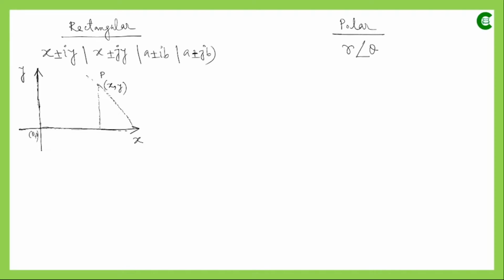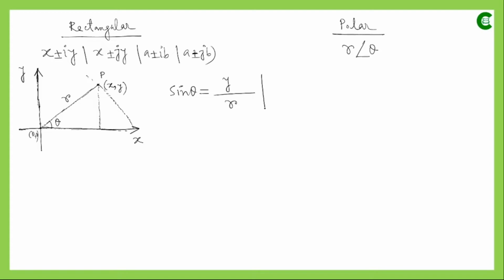Then when we have reached here, if we join these two points, the origin and the concerned point, then the angle made by that line and the x-axis, if we represent that by theta, then we can write that sine theta will be equal to, we know, perpendicular by hypotenuse. So perpendicular means it will be y divided by this value. If we assume that as r, then it will be y by r.